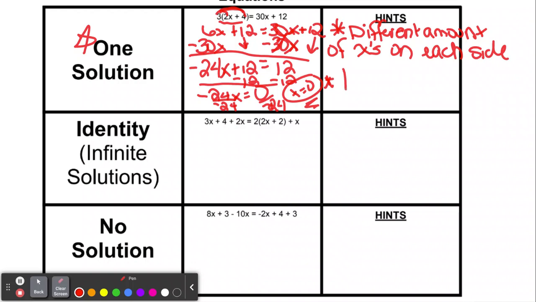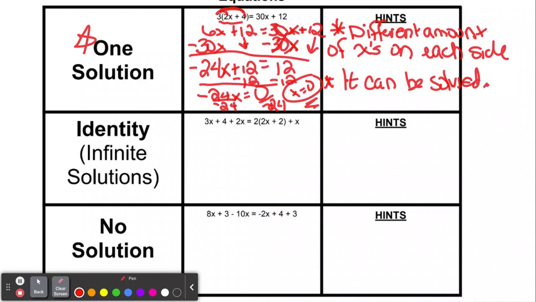It can be solved. All right. Sorry, my stylus is being really finicky today. So if it can be solved, you just simply solve it and give the answer.